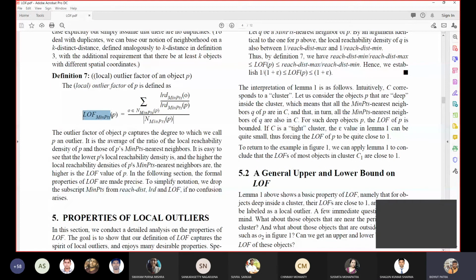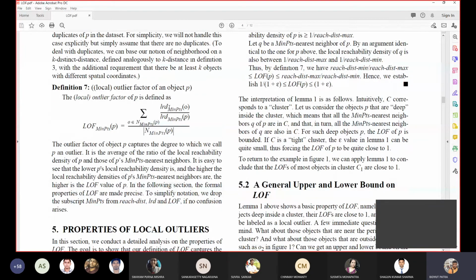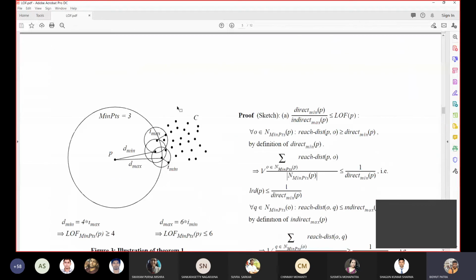For the LOF of a point, you have to find the neighbors of the point. We identified the 3 neighbors, and now for each neighbor you have to compute the LRD, the local reachability density. How do you compute it? In order to compute the LRD, you need to know the reach distance of each neighbor.